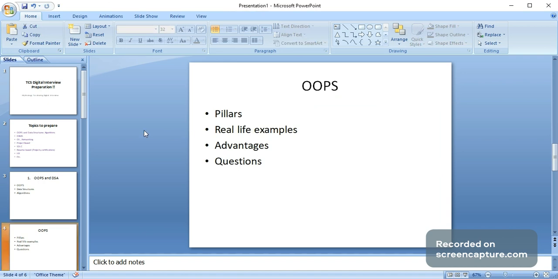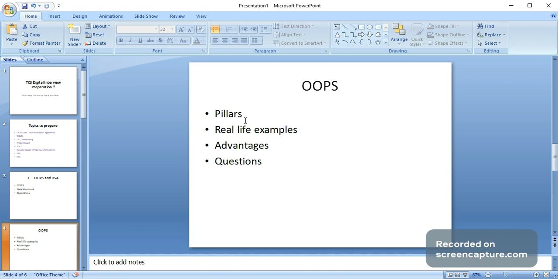Now starting with OOPs. The first question the interviewer will ask you is about OOPs. They will not jump directly into algorithms, or directly into the projects that you have done. This is the basic question that each and everyone asks: what are the pillars of OOPs? We have four pillars of OOPs. Whenever you are answering questions on the pillars of OOPs, please keep in mind, don't try to explain them, just tell them the definitions that you have.